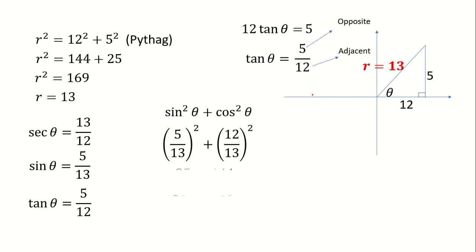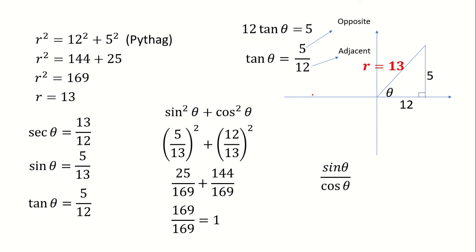In this case, where there's sine, I will simply substitute 5 over 13. Where there's cos, I will substitute 12 over 13. You just square them. 5 squared will give you 25, 13 squared is 169, 12 squared is 144, 13 squared is 169. Simplify this, it'll give you 169 over 169. I did it for you.